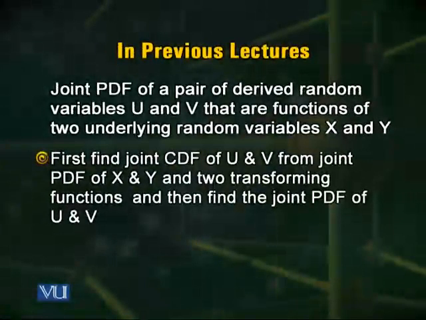By finding the joint CDF first, we were able to differentiate it twice using partial differentiation with respect to u and v, the two parameters of the joint CDF, to get a joint PDF which was again a function of small u and small v, the two parameters that define the points on the UV plane where the joint PDF of U and V is defined.